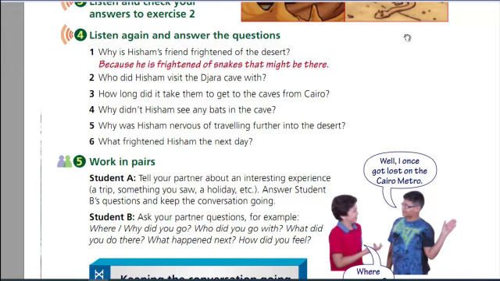Boy: Did you go into the cave when you got there? Hisham: No, because it was getting dark. You see, we were tired from the long drive, so we put up our tent and started to cook our dinner. We ate under the stars, far from any lights. I felt like I was the only person on the earth. Boy: I know what you mean. I love camping. Anyway, you were saying.